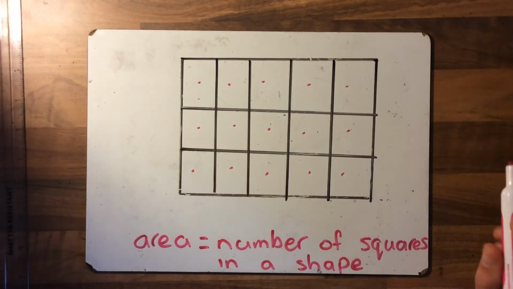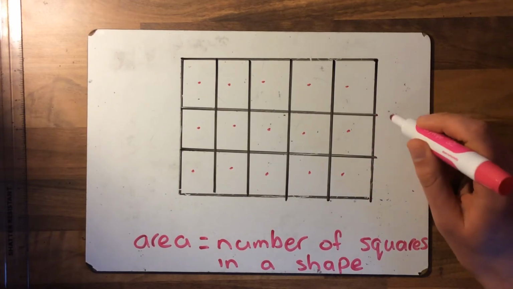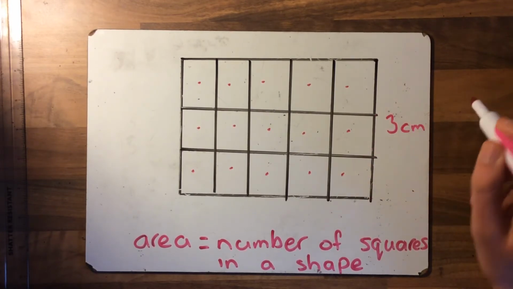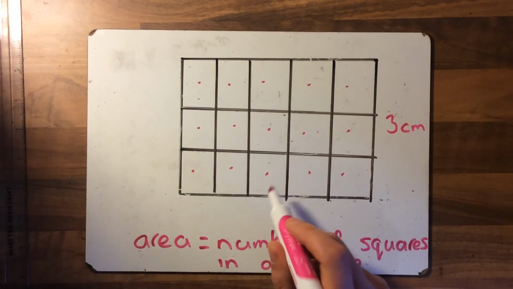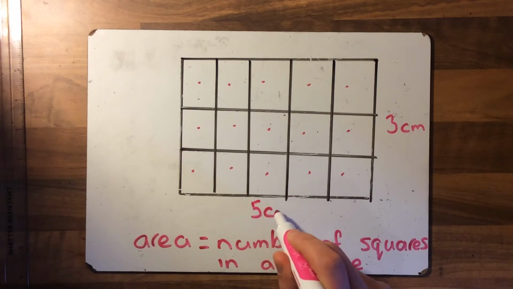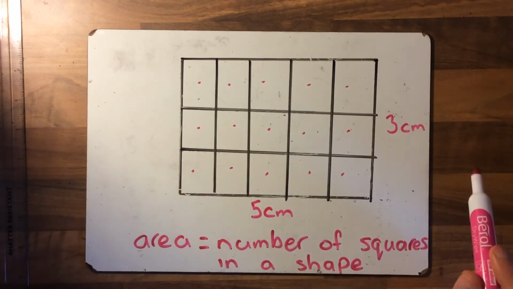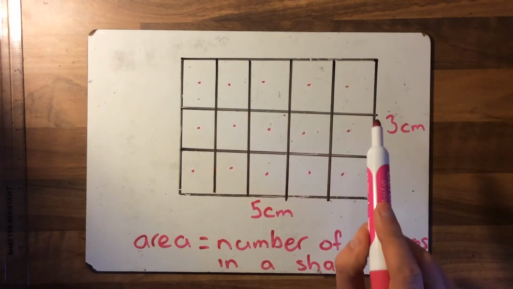So let's assume that this is 3 going down. So let's say that is 3 centimetres. And going across, we've got 5, haven't we? 1, 2, 3, 4, 5. So if that was 5 centimetres. Now if I asked you to find the area of this shape, we've just counted, haven't we, the number of squares.